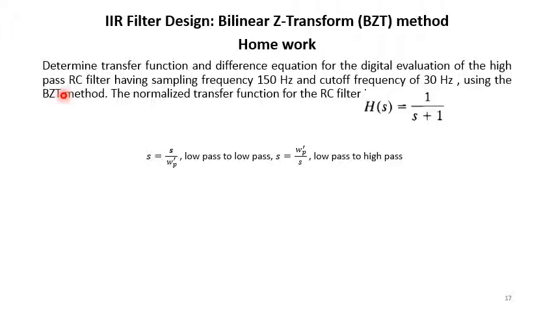You replace H prime of S by H of Z, and you replace S by Z minus 1 over Z plus 1. That's quite straightforward because we have already done one example on such a problem that was low pass. Now we are going to do it for the high pass.